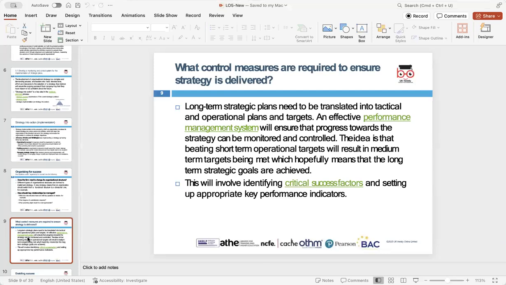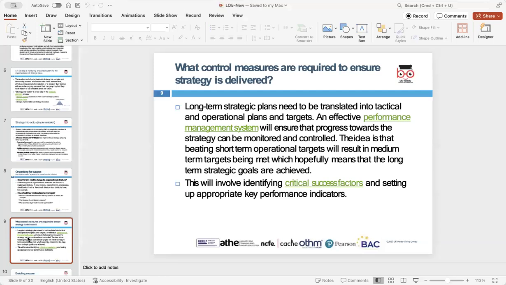An effective performance management system is important in this process, as it ensures that both progress and the achievement of the strategy can be monitored and controlled. The primary idea is that by meeting short-term operational goals, medium-term targets will also be met, which eventually leads to the achievement of long-term strategic goals.